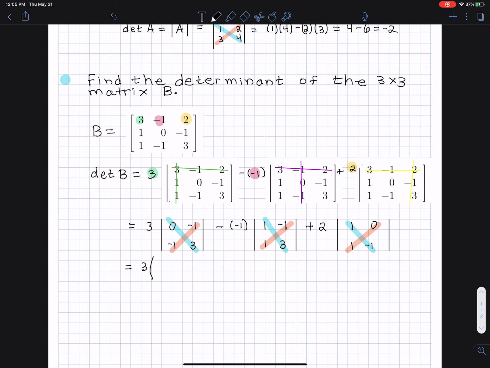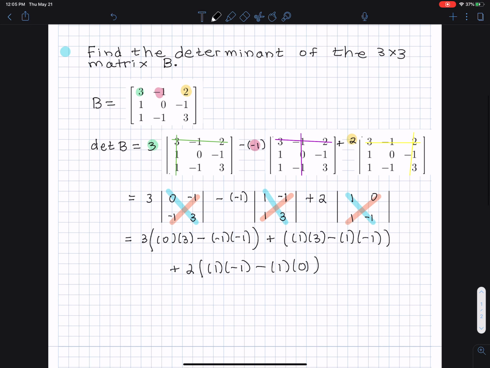So this is going to be 0 times 3, and we subtract -1 times -1. Then, here's the thing: we're subtracting, but minus -1 makes +1. There's some stuff that goes on here, so it can be a little bit tricky, but you have to pay attention. It definitely takes some concentration.